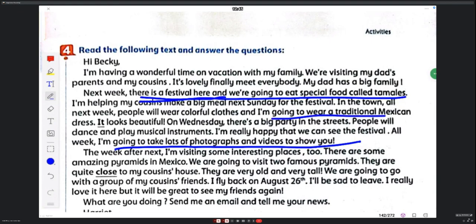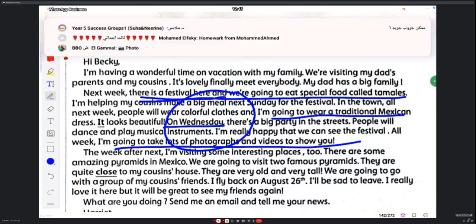I'm going to wear traditional Mexican dress here in Mexico. So it is talking about the festival. It would be on Wednesday. I am going to take photos.